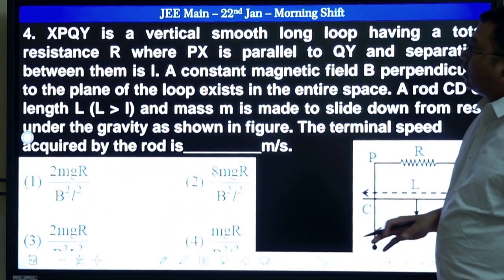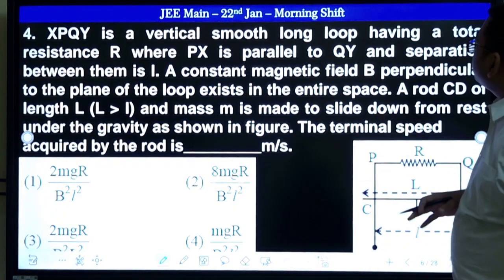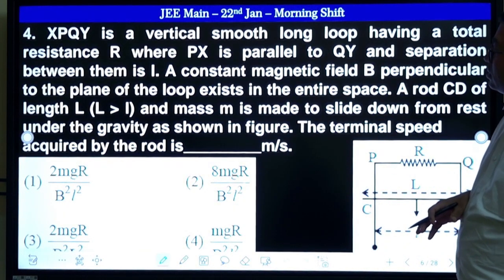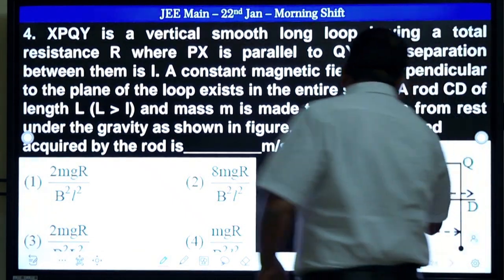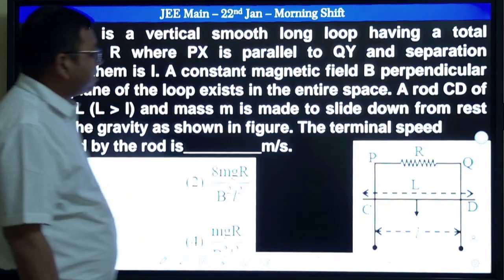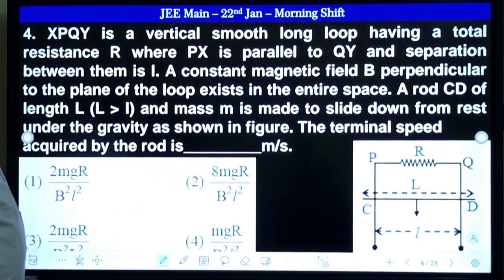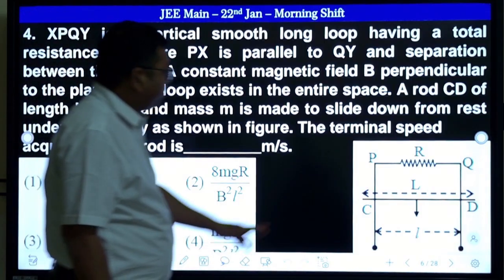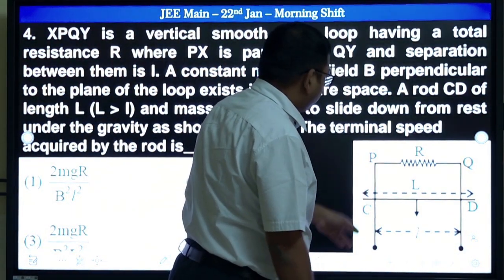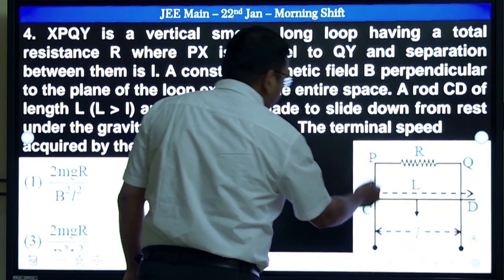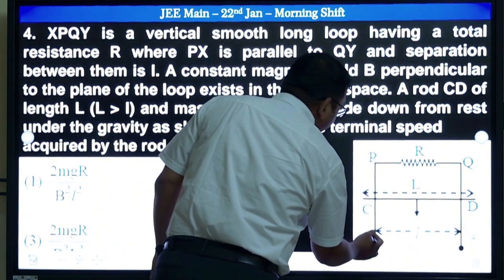Question number 4. XPYQ is a vertical smooth long loop having a total resistance R. Okay, so this is a loop and the resistance is given as R. PX is parallel to QY. So this is PX and this is QY.